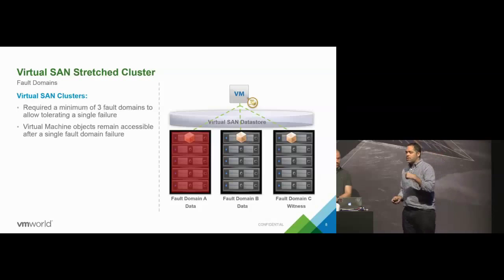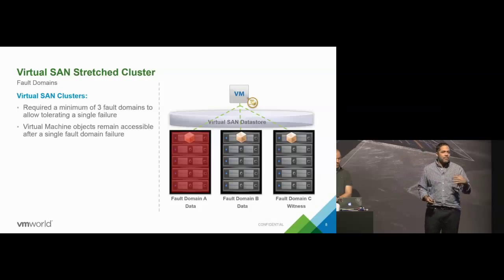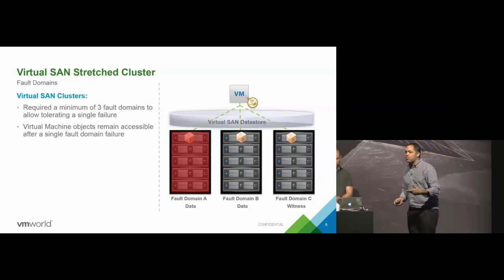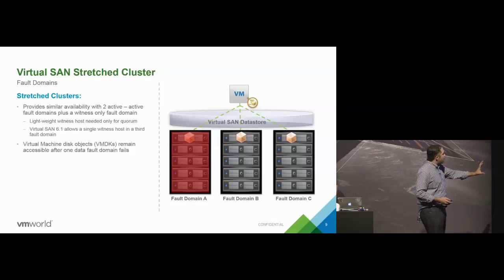This way, you're able to sustain any given failure of the system and still keep your virtual machines running, unless the host that fails is where the virtual machine is running. In that case, obviously, the HA capabilities kick in and your virtual machines come back online. When it comes to aligning to the stretch cluster and how we take that concept, we do that by introducing a witness concept.